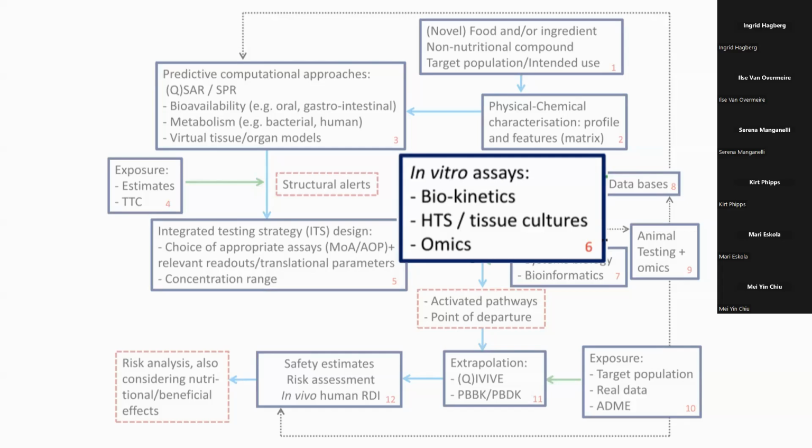So focus on these tissues in vitro. We also talked about the possibility of high throughput systems to be used, etc., etc. So this is one of the boxes in the scheme that can be evaluated in this way.